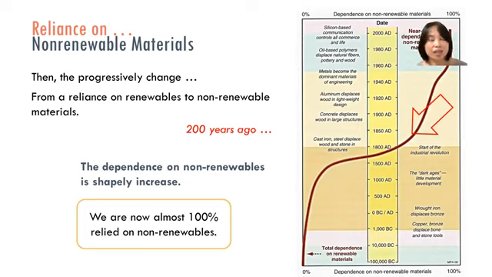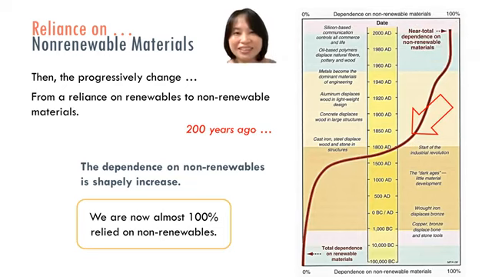So let's see this graph together on the right-hand side. Okay. And we can understand more of our reliance on materials. From the graph, we can see that from a long time ago, okay, we're talking about prehistory, like 100,000 BC, long time ago.